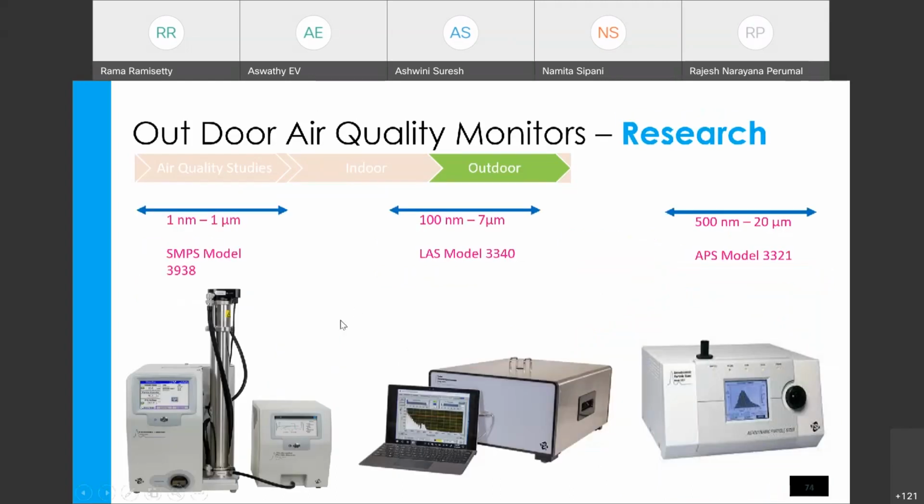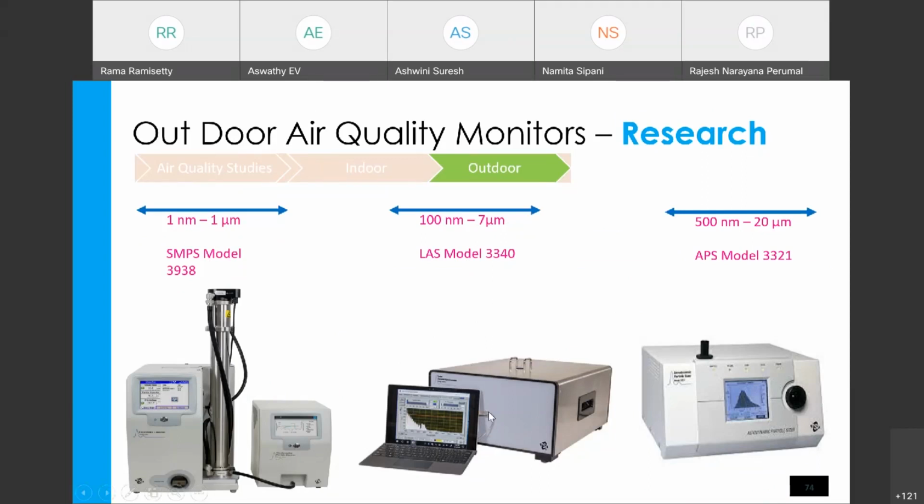And if you want to do very high-end research, then definitely you have to go for gold standard equipment like SMPS and also the APS and the LAS. With the SMPS, you can measure 10 nanometer to 1 micron or 1 nanometer to 1 micron. So there are different models of scanning mobility particle sizers. And we also have the optical technique. I mentioned earlier that below 300 nanometers, optical methods are not very suitable.